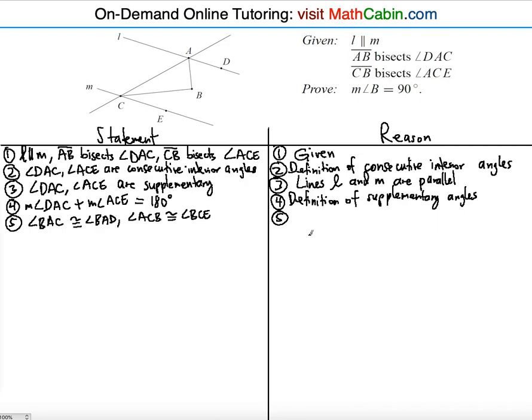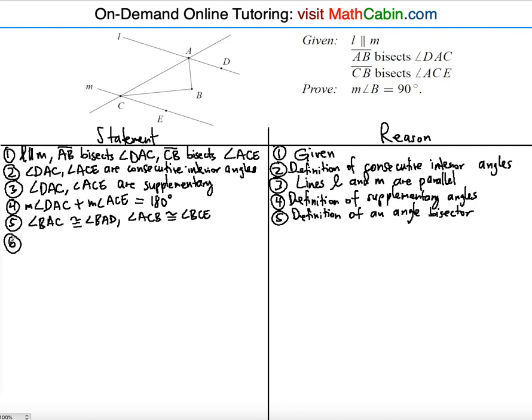So the reason for that will be the definition of an angle bisector. Because we know that these two lines are angle bisectors, and they form two pairs of congruent angles as a result.